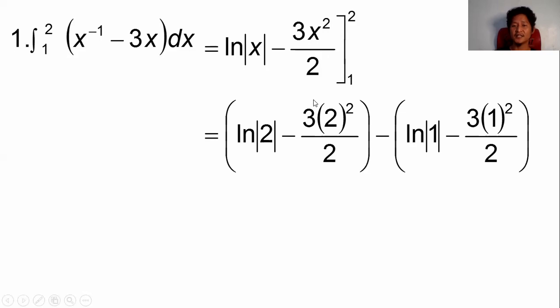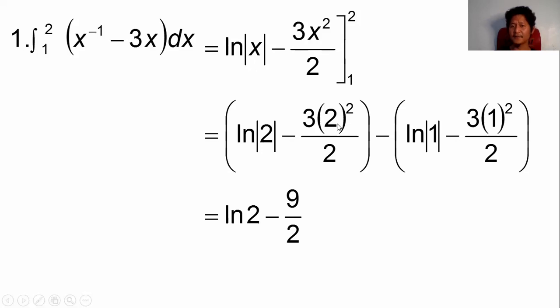Okay, and then we just simplify. Okay, or you can just simply use the calculator here when you simplify this. So it will just be ln 2 minus 9 over 2. Okay. Notice ln 1 is just 0, kaya magsi-0 to. Ito naman, negative. Ito magiging 3 times 2 squared.